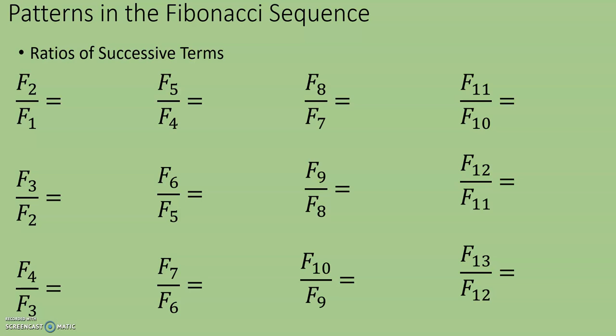Ratios of successive terms in the Fibonacci sequence. The second number divided by the first, 1 divided by 1, is 1. The third number divided by the second is 2. The fourth number divided by the third, 3 divided by 2, is 1.5. The fifth number divided by the fourth, 5 divided by 3, is 1.6 repeating.